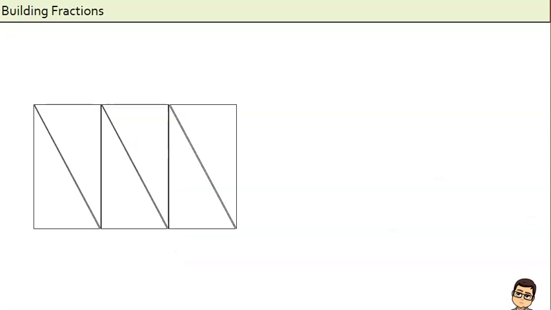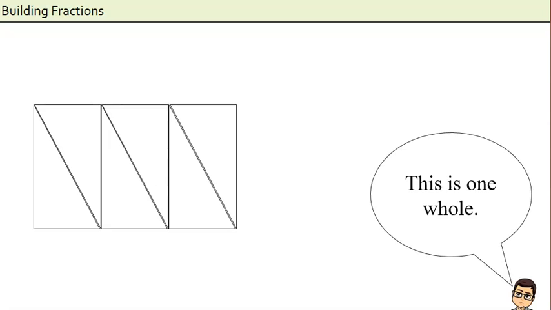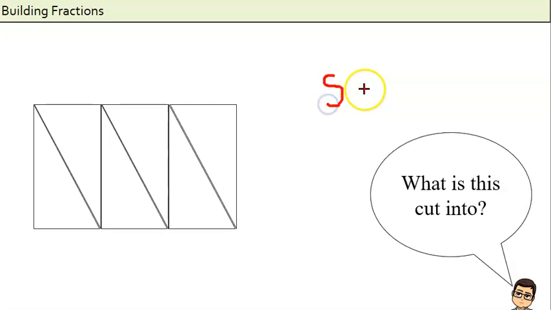So here, let's try another example. This is 1 whole again. How many pieces is this cut into? What's my unit fraction? I can count. I have 6 pieces, so it's cut into 6.